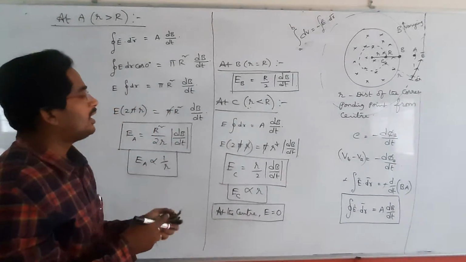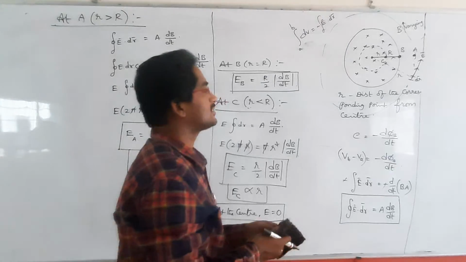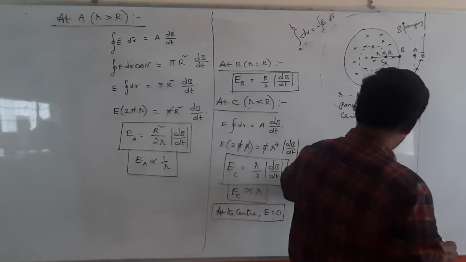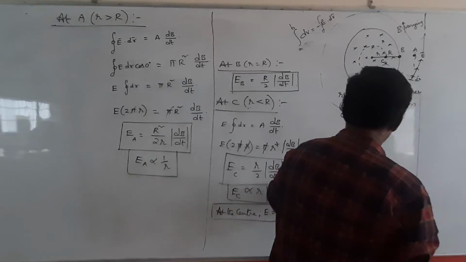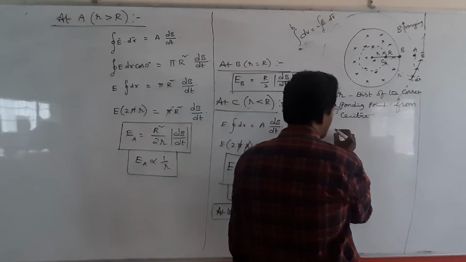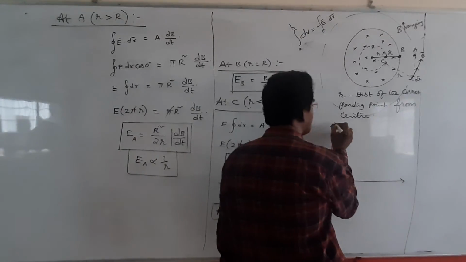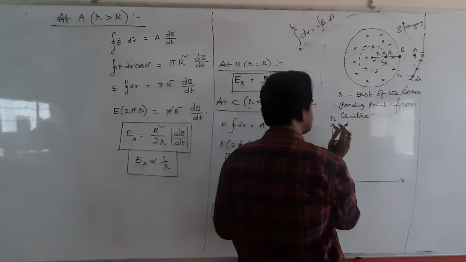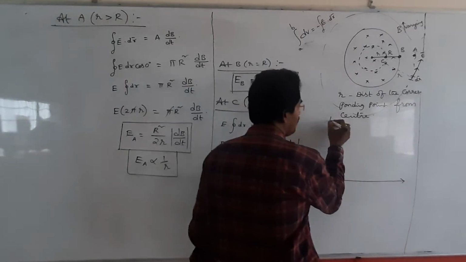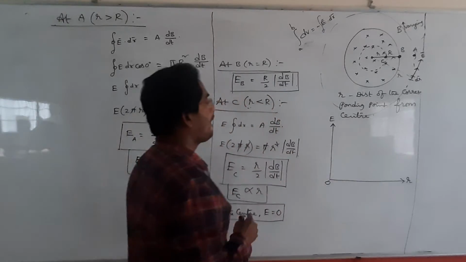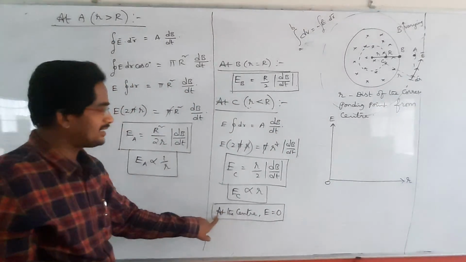Now I want to plot the graph for this case. What is the graph shape? See here, the shape of the graph we are getting is like this. We are plotting the graph of intensity against radius, the distance of the point. What is the intensity at the center? 0.